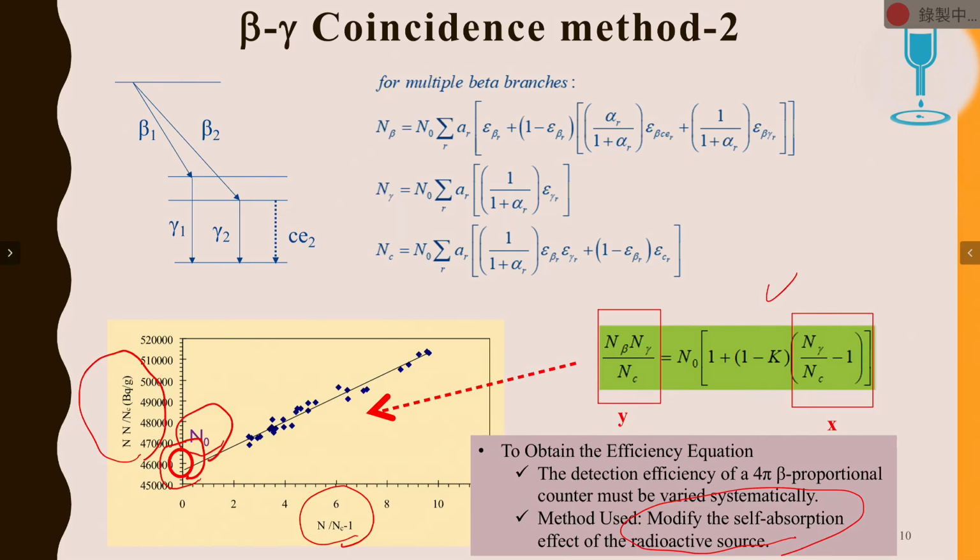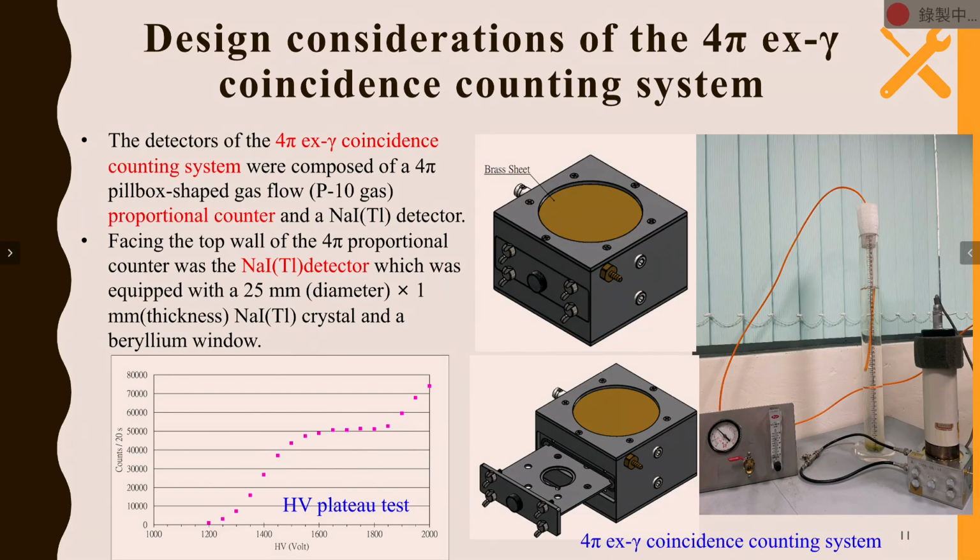Now, let's briefly introduce the detectors used in this counting system. Our system consists of two primary components. One is a proportional counter, and this is the picture, and the other one is a sodium iodide detector. So we can see the system is here. This one is the 4π proportional counter, and it is filled with P10 gas.